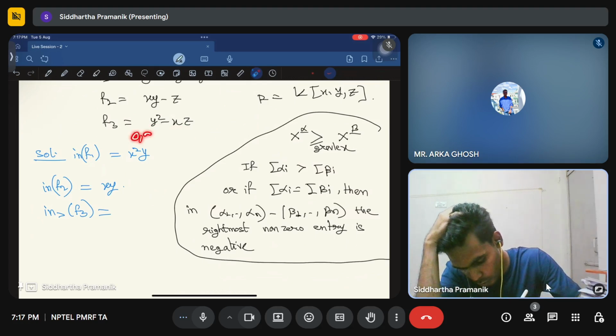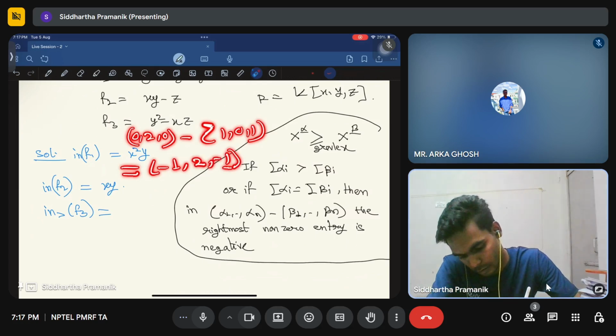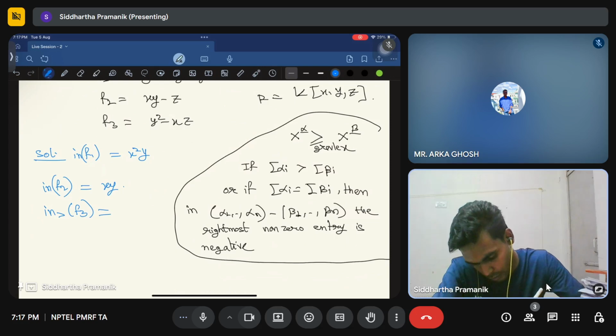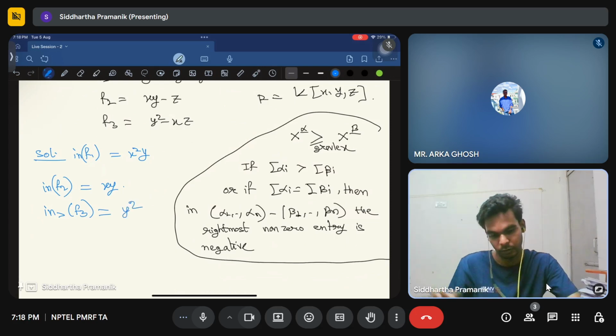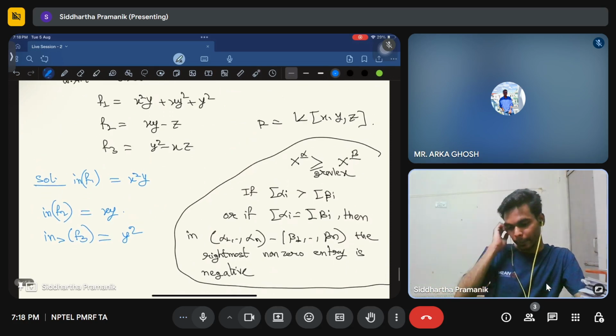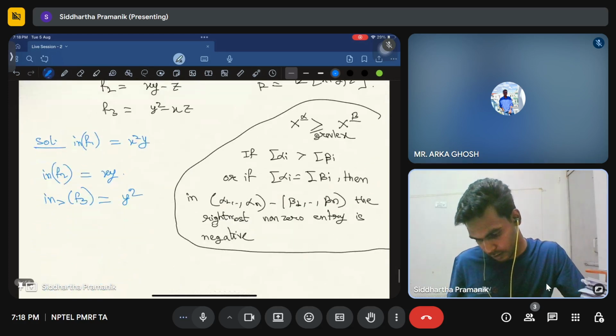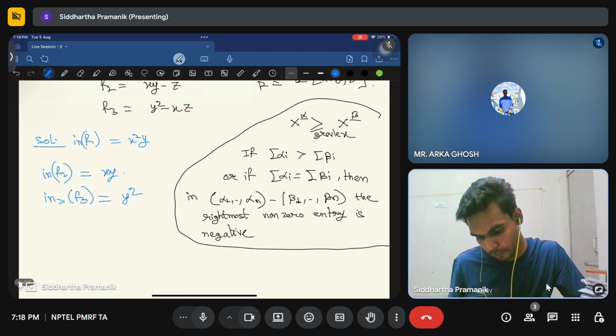It is 0, 2, 0 minus 1, 0, 1, which is basically minus 1, 2, minus 1. The rightmost non-zero entry is minus 1, which is negative. So y square is the bigger term with respect to grevlex. You may try to check these things in Macaulay2 too, which will be good practice.